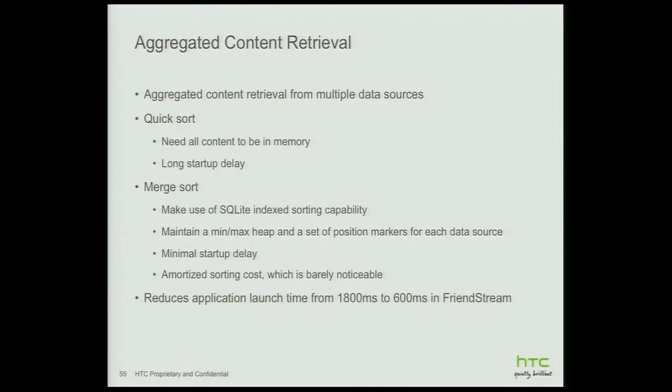Using this method allowed FriendStream startup time to go from about 1.8 seconds to 0.6 seconds. And because it's so great, we use the same technique in all our other apps, such as contacts or messages or calendars, etc.